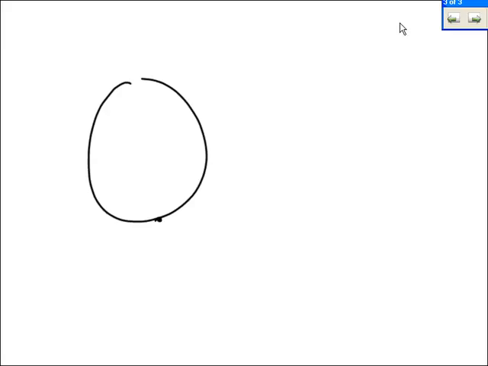Now, this is not a tangent segment, because if I did continue, it's not tangent to the circle. It doesn't touch at one point. You may say, oh, come on, of course that line touches the circle at one point. I agree with that. But first of all, it's not a line.